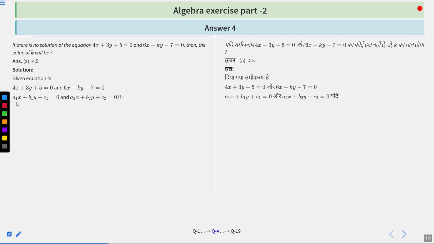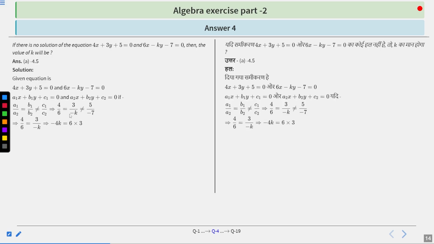So this can be compared to a1x + b1y + c1 = 0, and this equation can be compared to a2x + b2y + c2 = 0. Now we know that if a1/a2 = b1/b2 ≠ c1/c2, that means a1 is 4 and a2 is 6. 4/6 = 3/-k, that is not equal to 5/-7. This is the condition for no solution of linear equations.